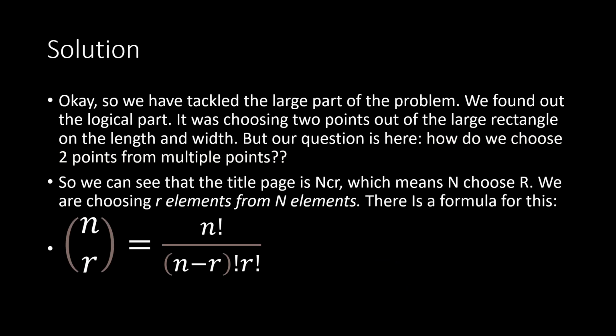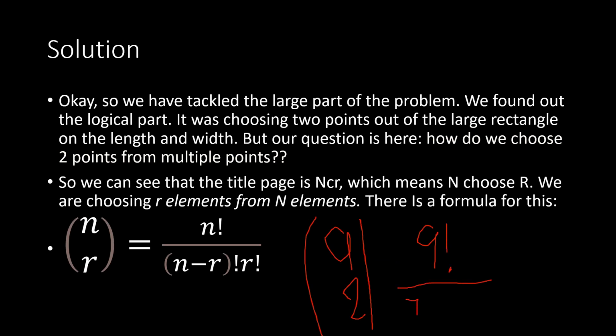Here we have 9 and 2. This is equal to 9 factorial over, 9 minus 2 is equal to 7, 7 factorial, 2 factorial.